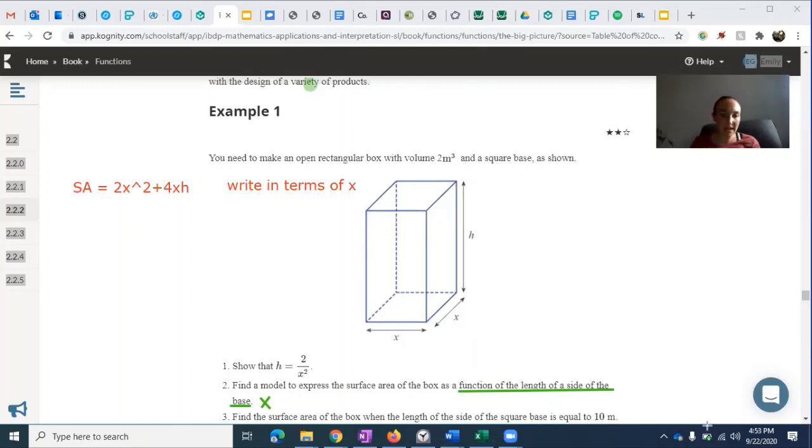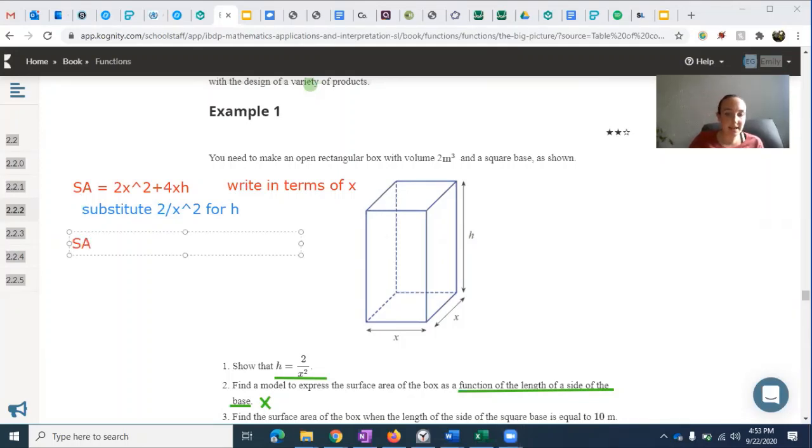Well, that's where we're going to take what we found out in question 1. We know already that h equals 2 divided by x squared. So we're going to go ahead and substitute that in. When we substitute 2 divided by x squared for h, we're going to get a new formula, but it will still be the surface area.